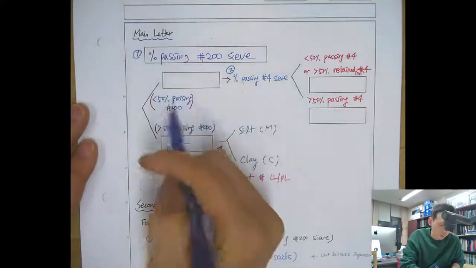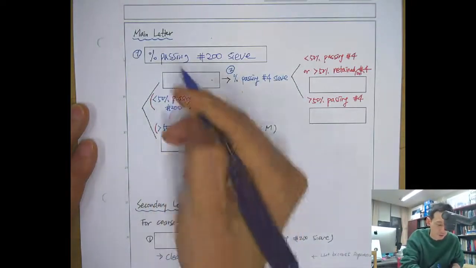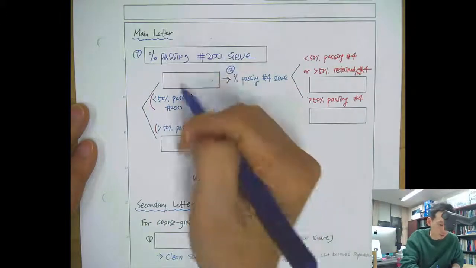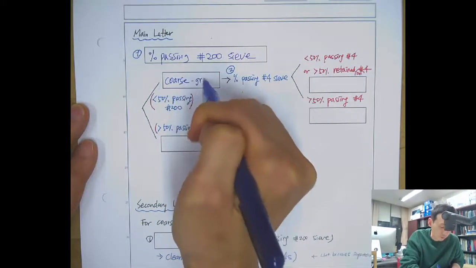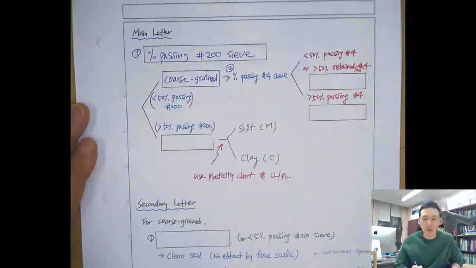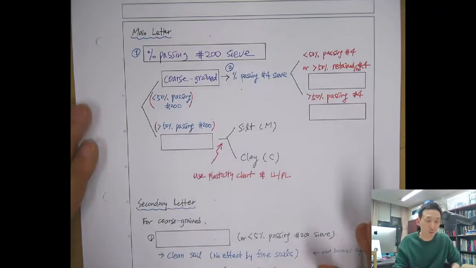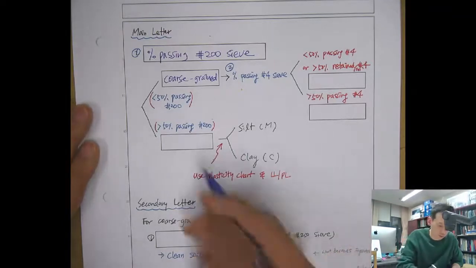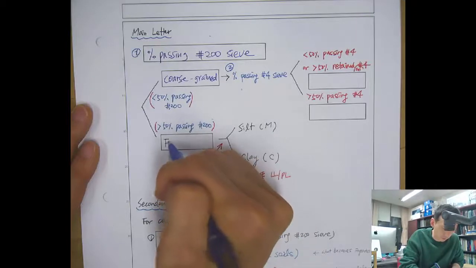So if less than 50% passes the number 200 sieve, then most of the soil is coarse grain soil. If more than 50% of the mass fraction passes the number 200 sieve, then it's fine grain soil.